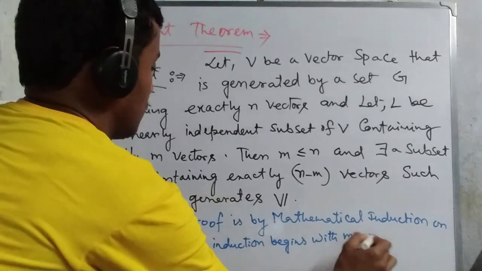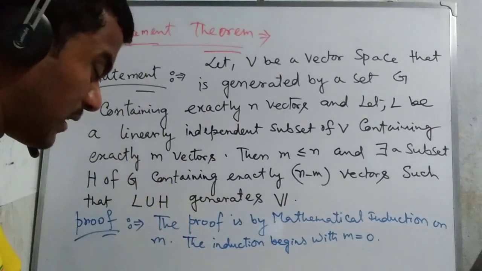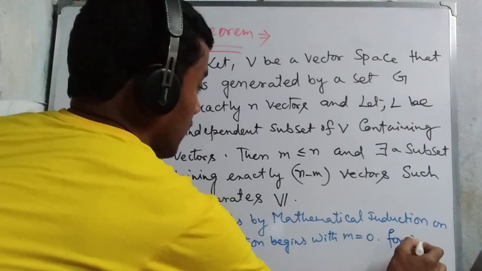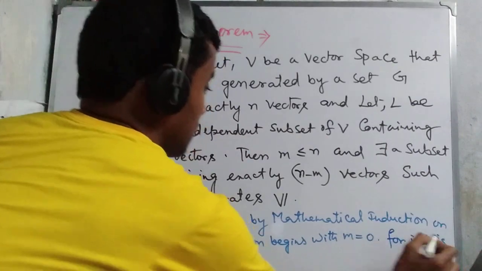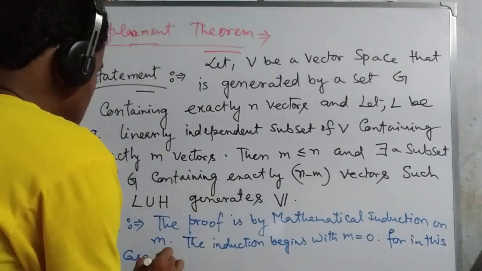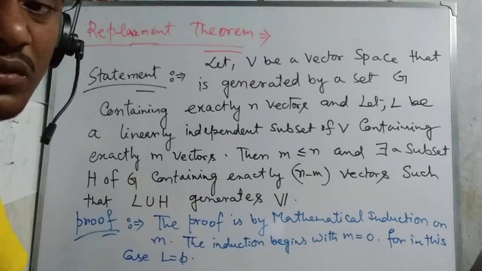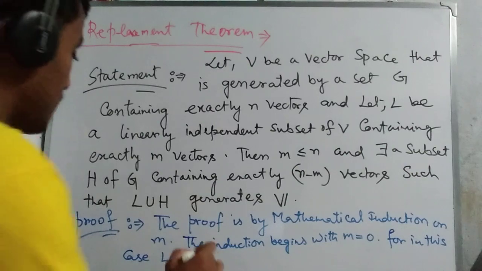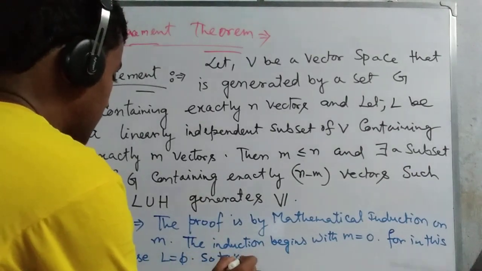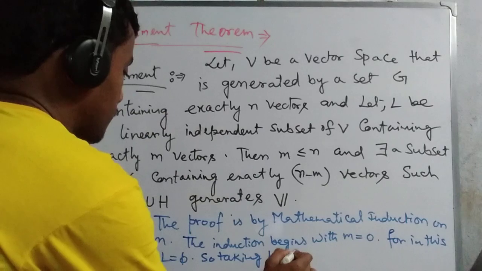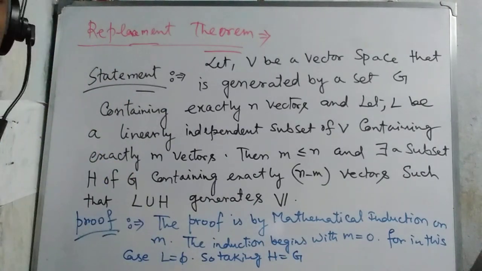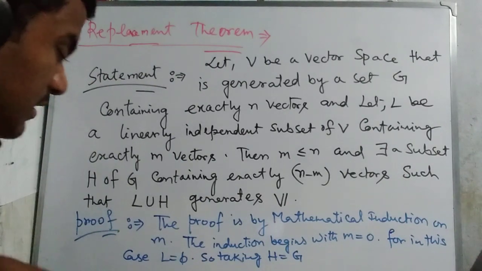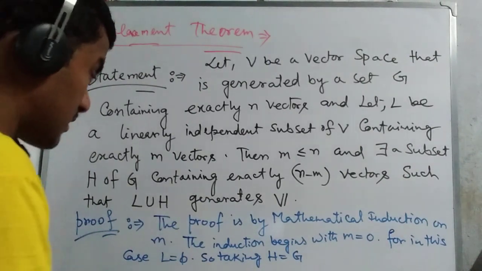In this case L equals the empty set, so taking H equal to G gives the desired result. Understood?